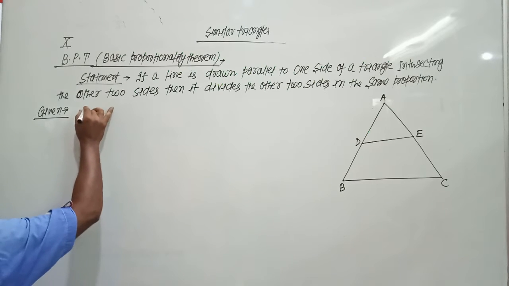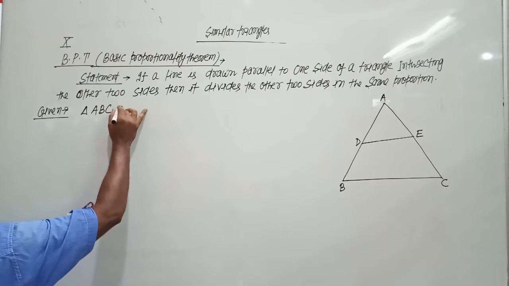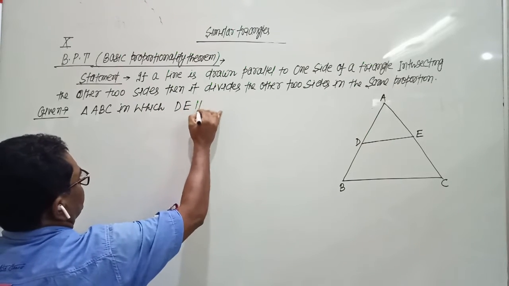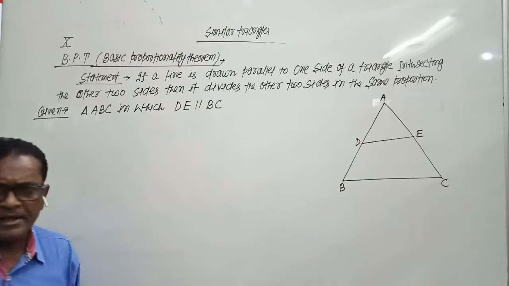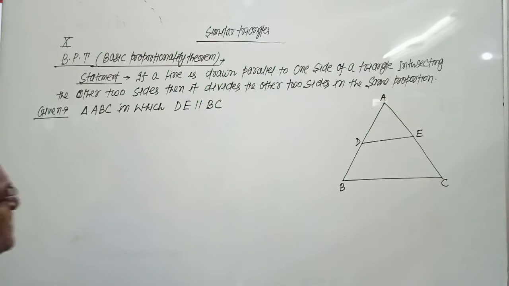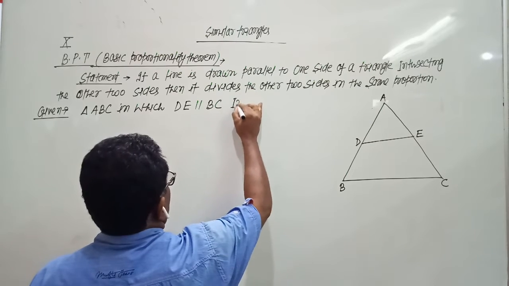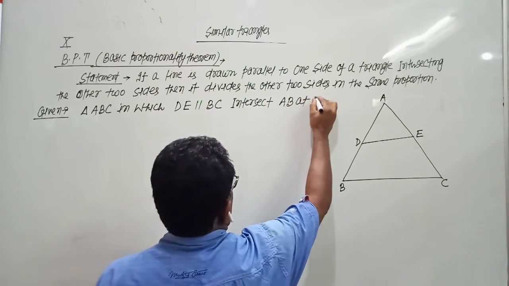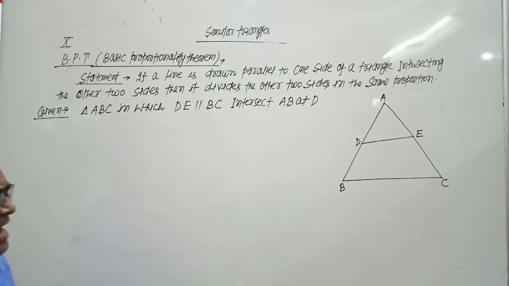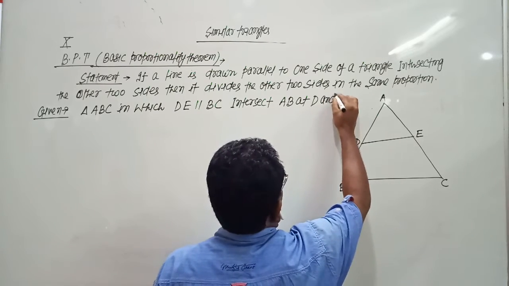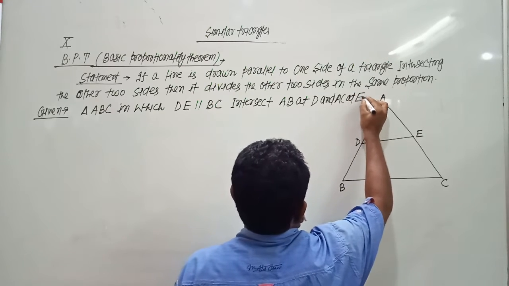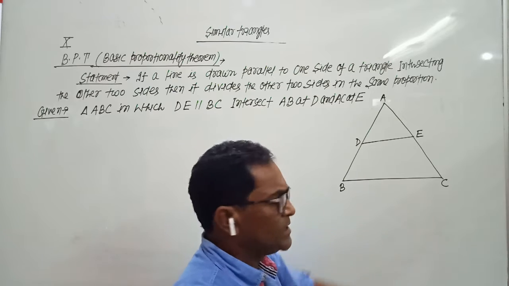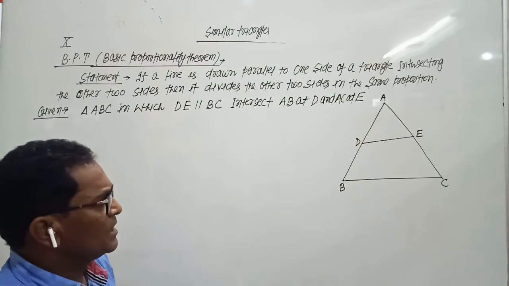Given triangle ABC in which DE parallel to BC intersects AB at D and AC at E.